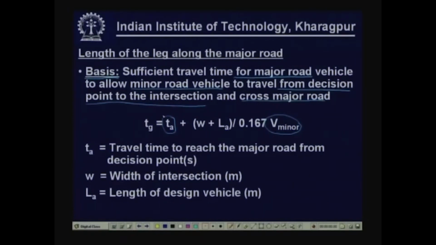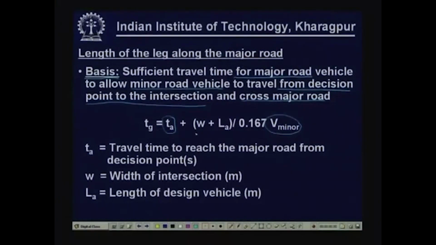Just now we have discussed this time component. Plus the time required to cross the intersection, estimated using the width plus length of the vehicle. W is the width of the intersection and La is the length of the design vehicle. Do remember that this is again a function of the design vehicle, so it will vary depending on the design vehicle.